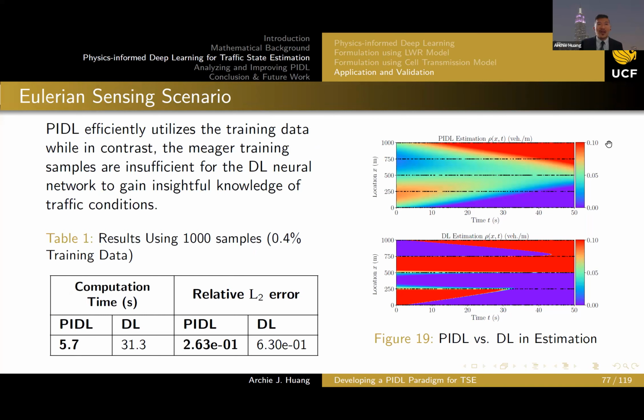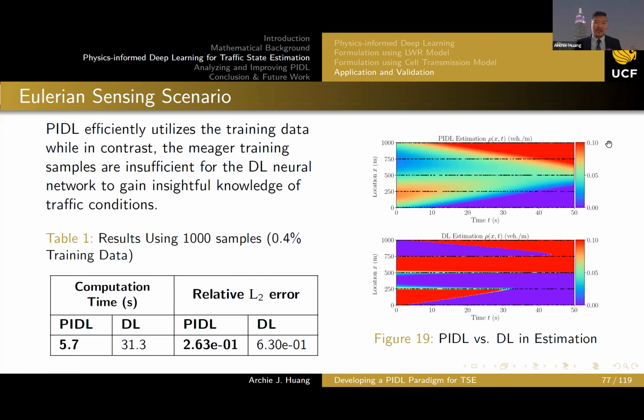Let's see the results. In the first sensing scenario, we used 100 samples, representing merely 0.4% of this entire field, which is also marked on the right by those black marks. We see those marks are not continuous, replicating realistic scenarios. Sometimes the data may be lost. Sometimes the sensors are not functioning or online all the time.